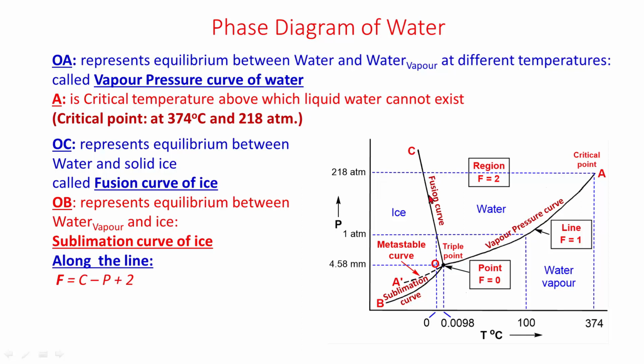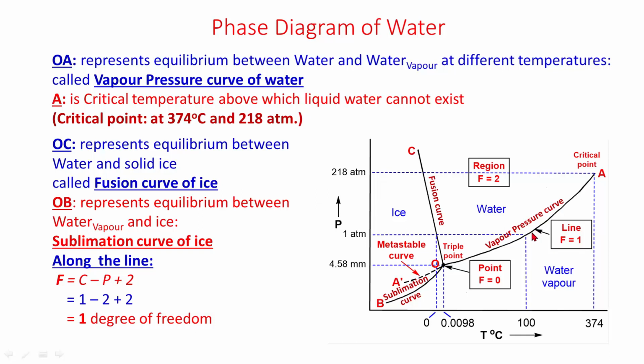Along the line, we have two phases in equilibrium, and when we apply phase rule equation, component is 1, phases are 2, we get F is equal to 1 degree of freedom. Along the line, degree of freedom is 1.